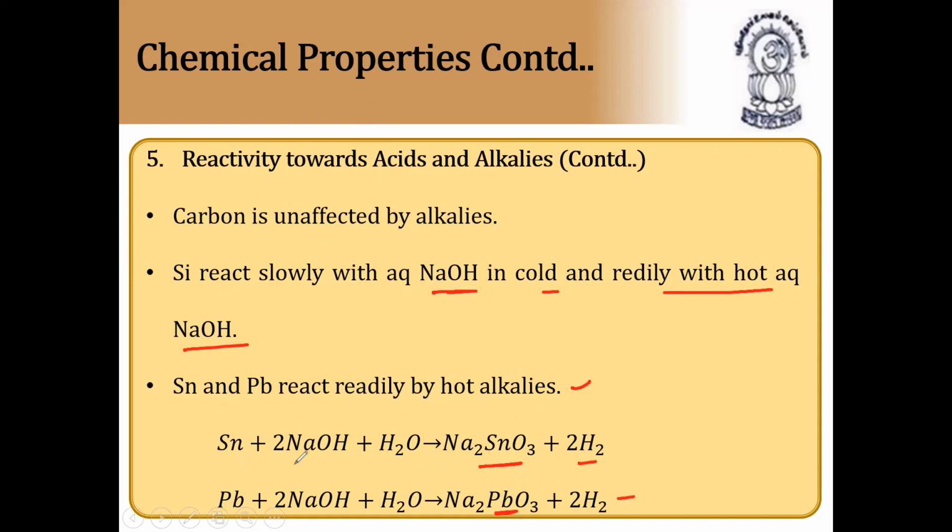So tin on reaction with sodium hydroxide plus water forms Na2SnO3, called sodium stannate, and this is called sodium plumbate. Germanium will not combine.